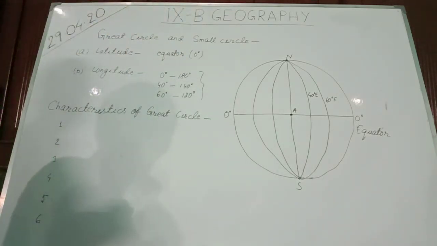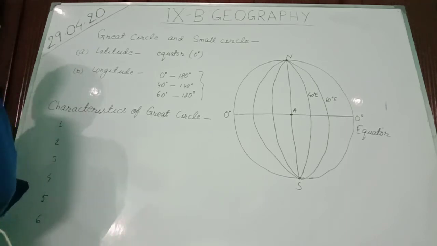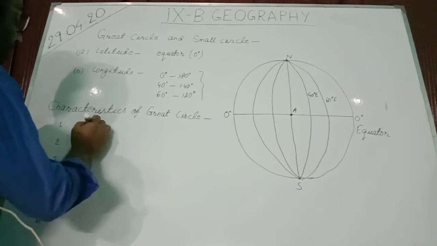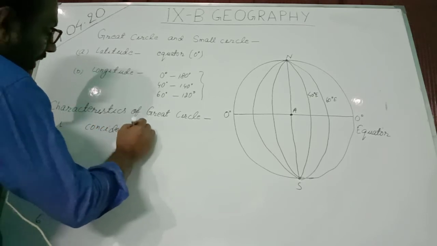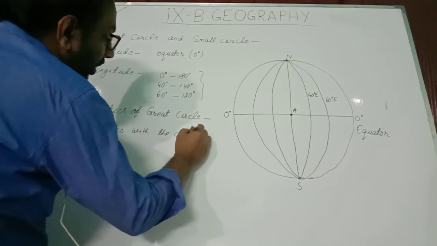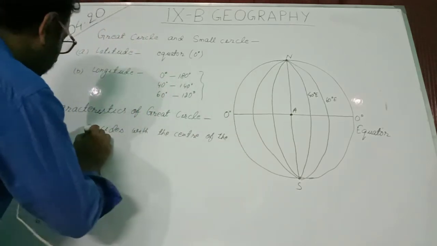Now, we come to the characteristics of great circle. There are 6 characteristics of a great circle. Among these 6 characteristics, we will see the explanation one by one. The first is, the great circle coincides with the center of the earth.